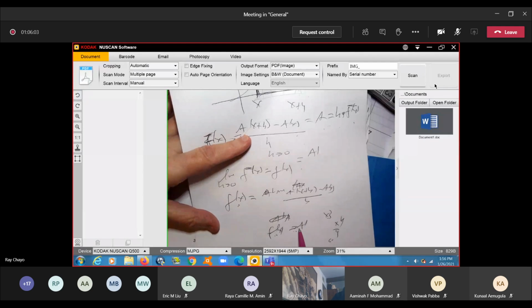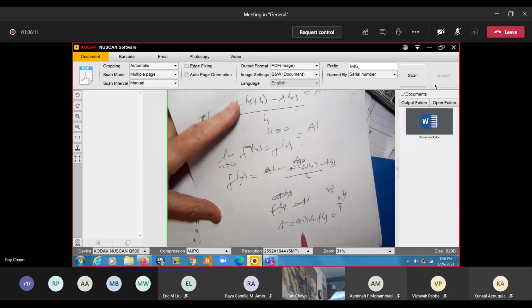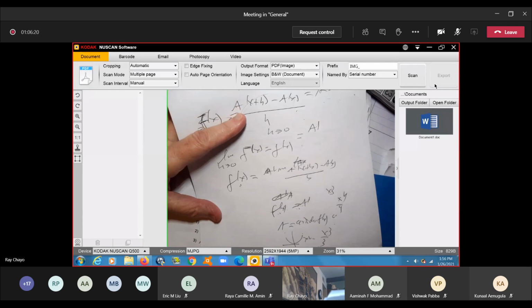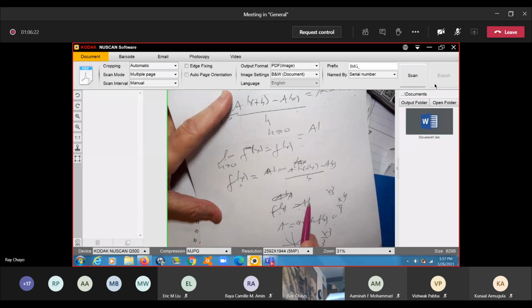If the derivative of the area gives you a function, your area must be the antiderivative of f. So you want the area under x squared, he said, find the antiderivative, because the derivative of the area gives the function you want.